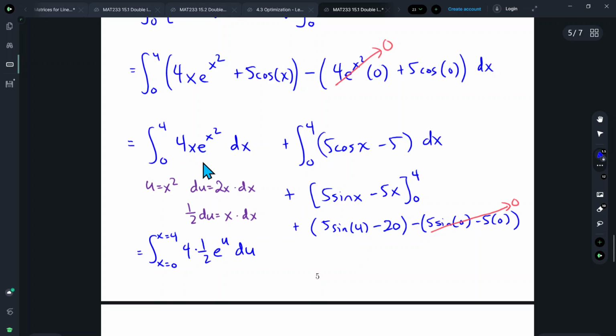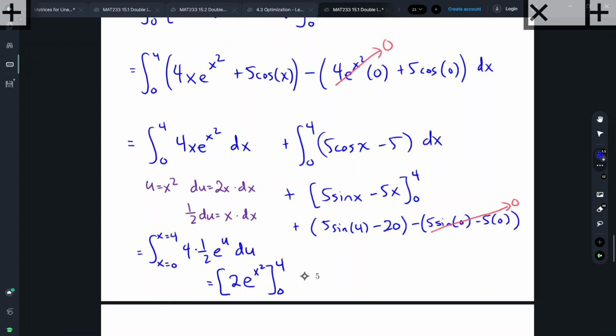And then now we take the antiderivative, right? So 4 times 1/2 is 2, and the antiderivative of the exponential function is just the exponential function, and then now I can plug the u back in, so this is x squared, and so now I've gone back to the variable x, so now I can just write 0 and 4.